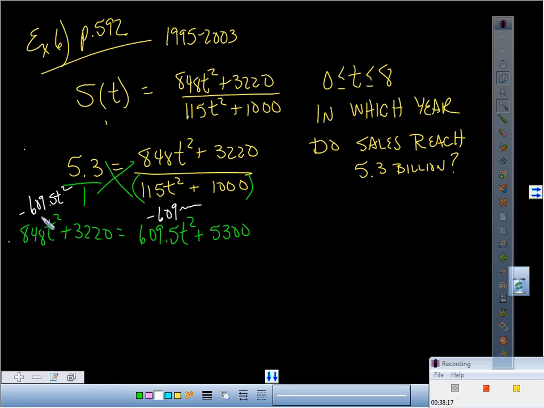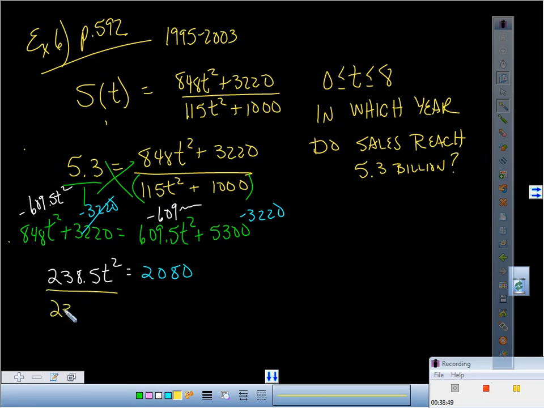What is 848 minus 609.5 t squared? 238.5 t squared. Can I do the other one at the same time? I'm going to subtract the 3220 from both sides. So what's 5,300 minus 3220? Okay, 2,080.